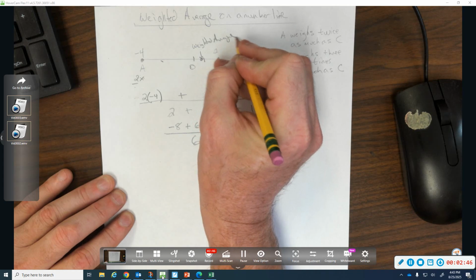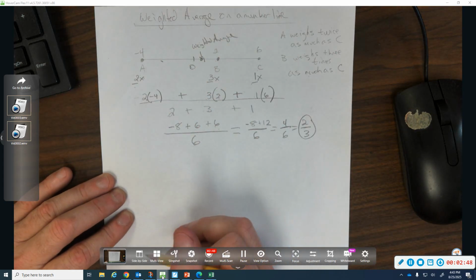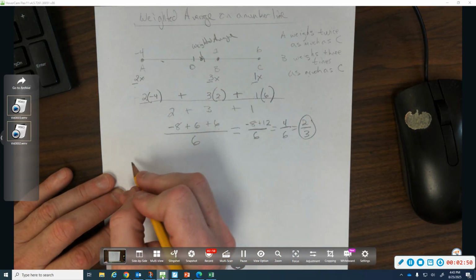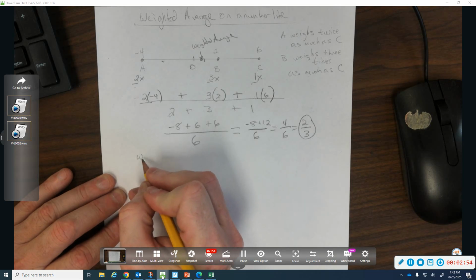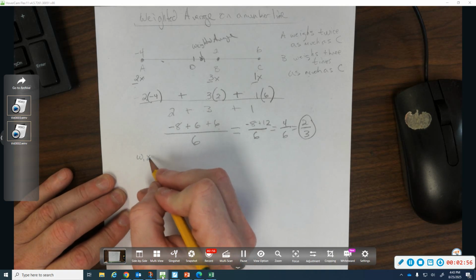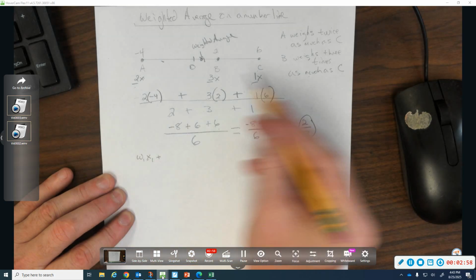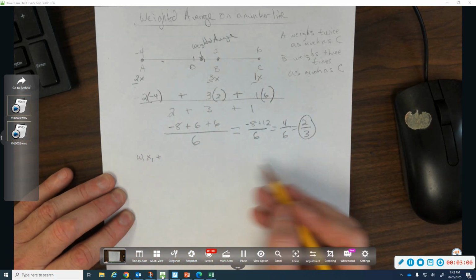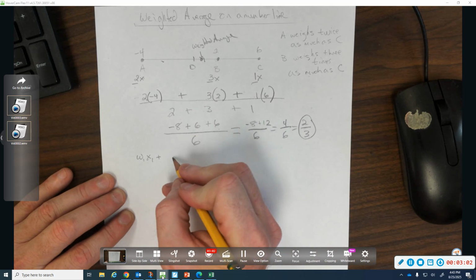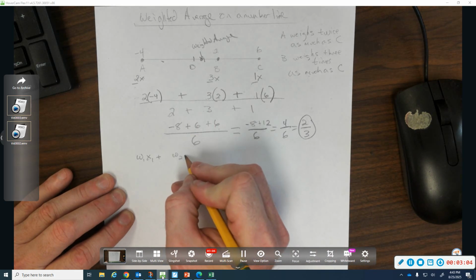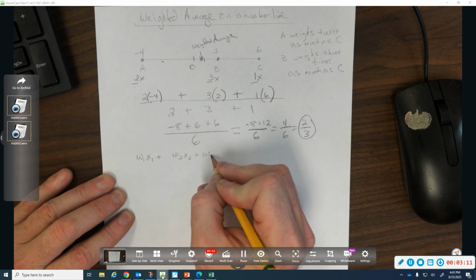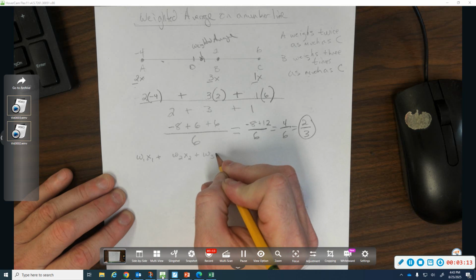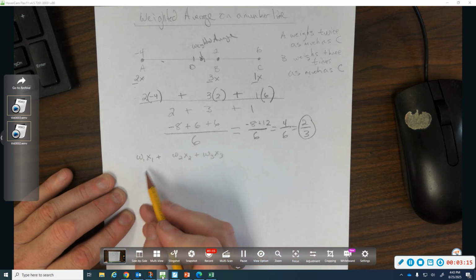So the formula is a little complex, but it takes the weight of the first coordinate, and this is a horizontal axis, so we can think of it as an x point, plus the weight of the second coordinate, plus the weight of the third coordinate, and of course these are all multiplication.